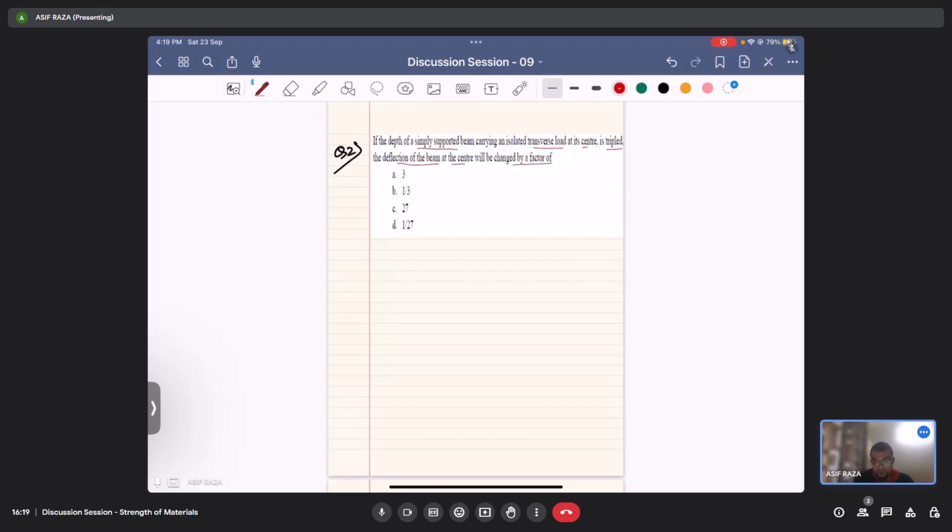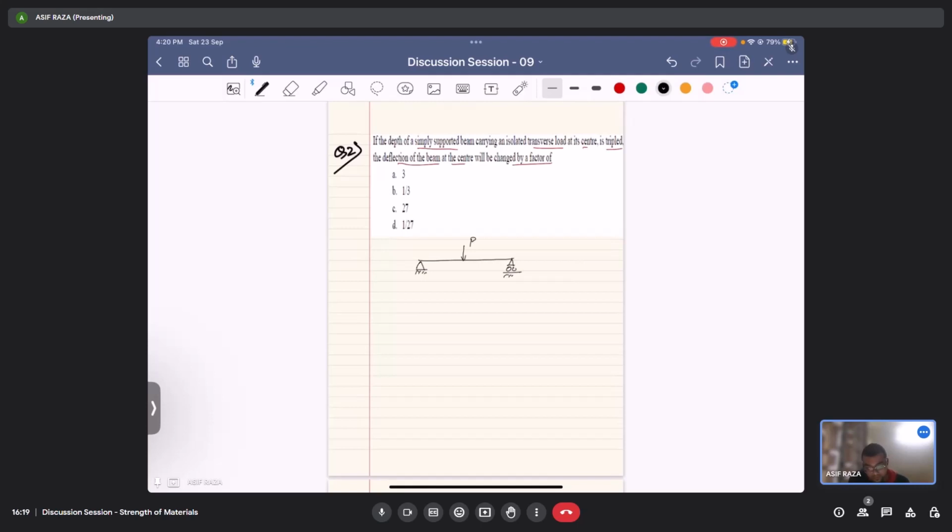Okay, so as I told you earlier, this is about the deflection, right? And this is the case where it's a simply supported beam, and the transverse load is applied at the center.